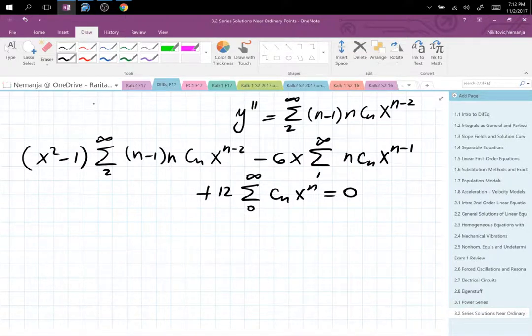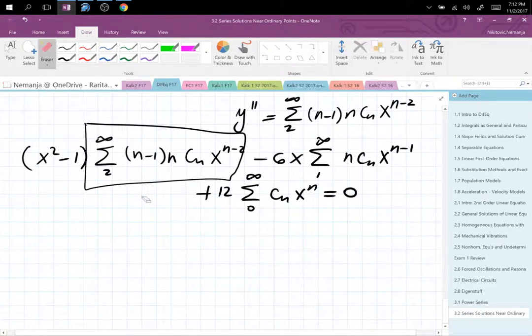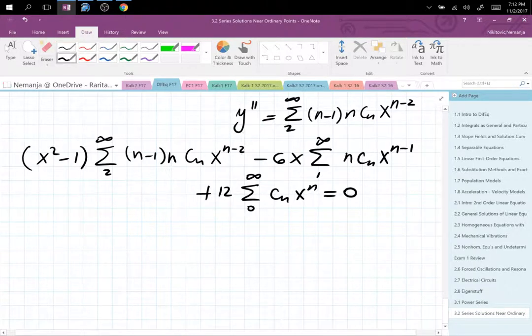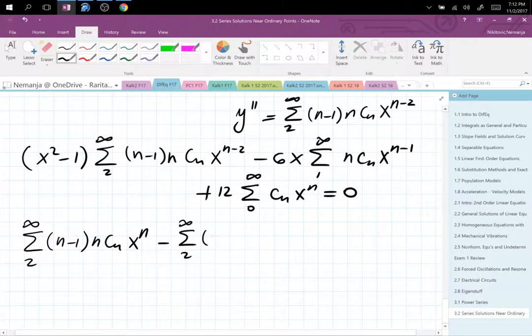Question. When you say distribute that x squared minus 1, to where? To the power series. Oh, to that. Yeah. So when I distribute x squared, the power series goes from 2 to infinity, n minus 1 times n cn x to the n. But now when I distribute minus 1, it goes minus the series from 2 to infinity, and this is the only problem term that we have because it leaves us with the n minus 2 power.